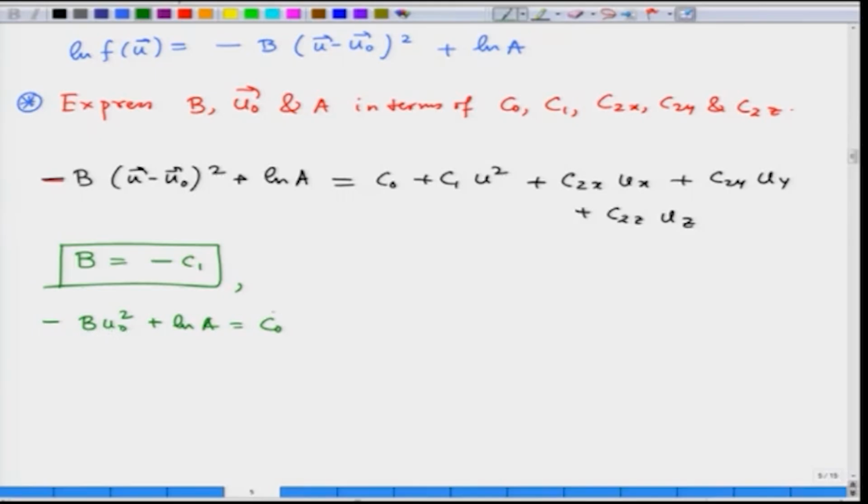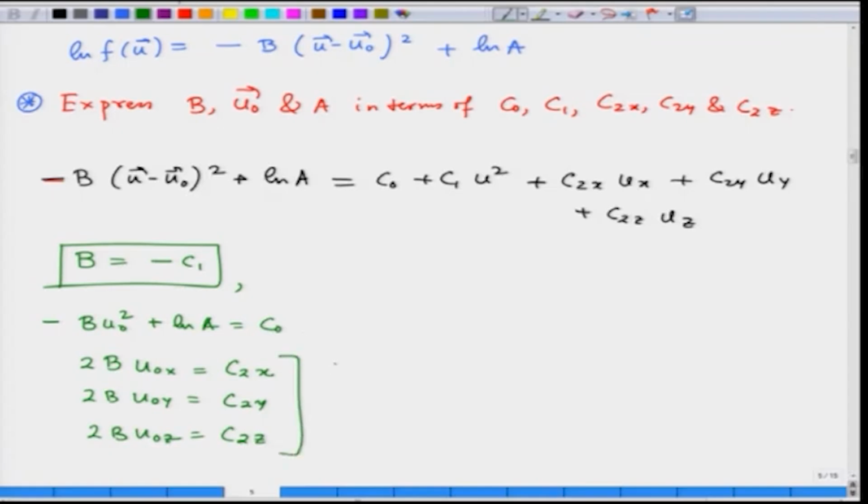But you have other conditions as well: 2b u0x is equal to C2x, 2b u0y is equal to C2y and 2b u0z is equal to C2z. Okay.